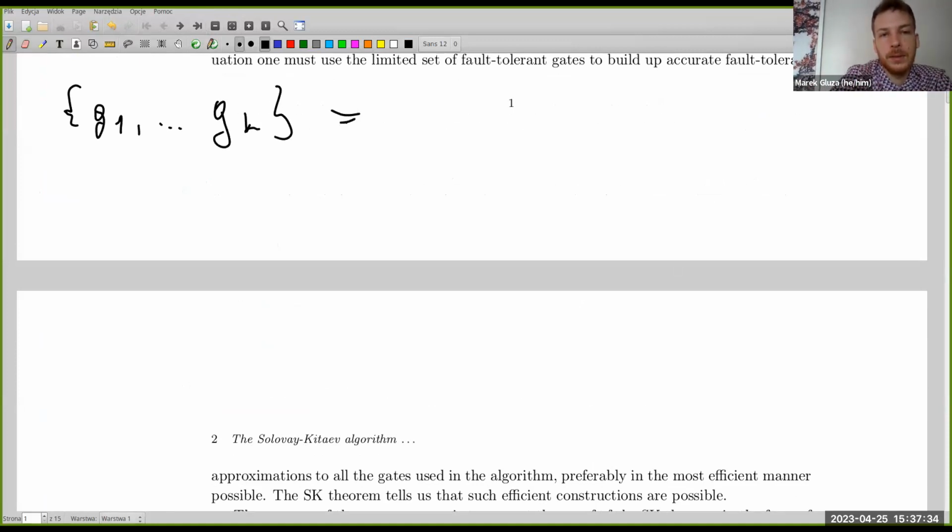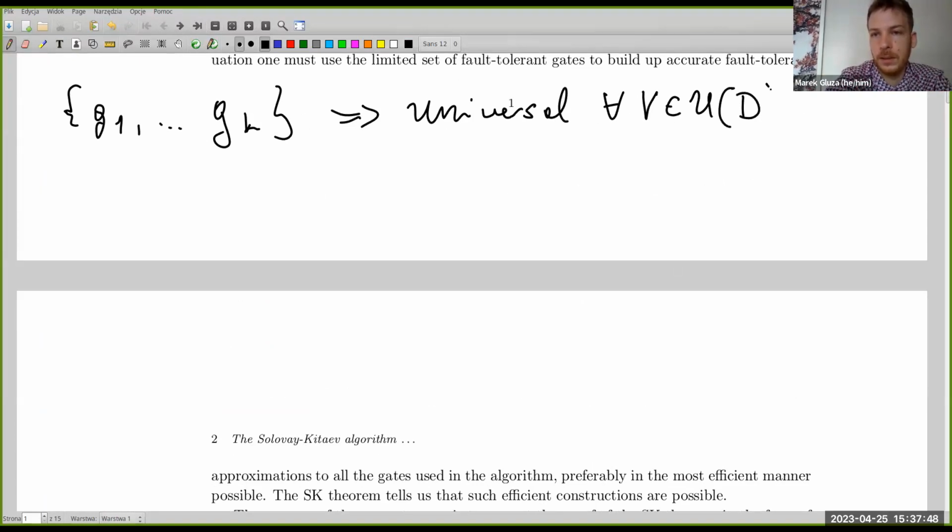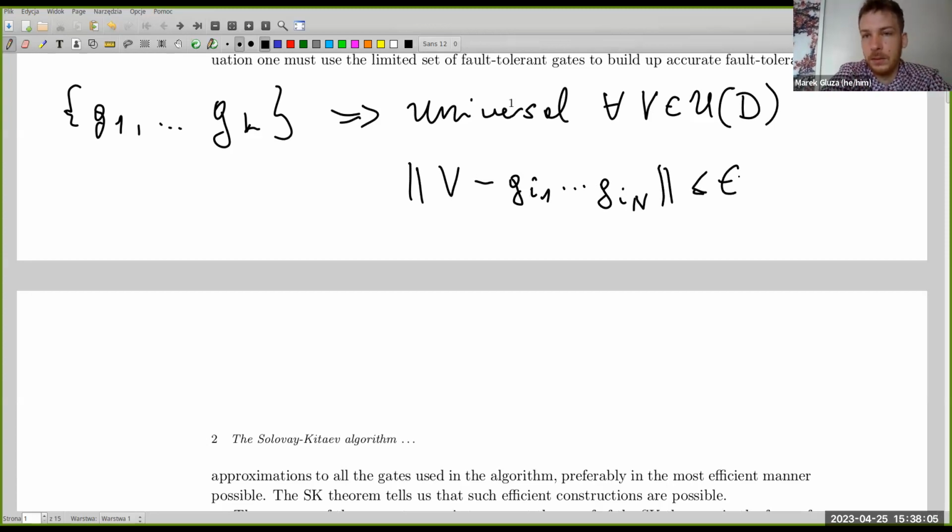And I want to call it universal if I can consider any unitary V in the unitary group on maybe D dimensions, then I can find a sequence of gates, G_I1 until G_IN, such that I will approximate my unitary V. Okay.